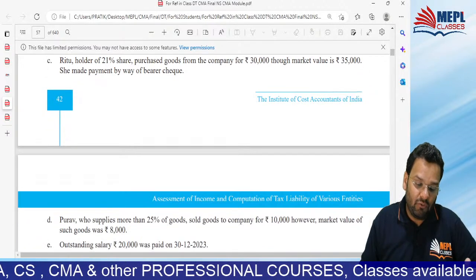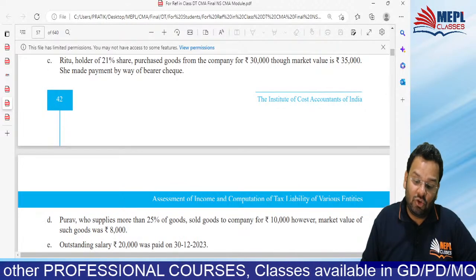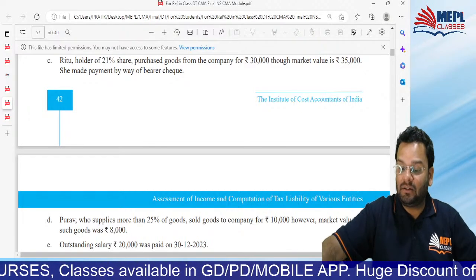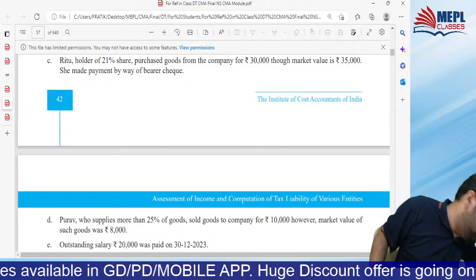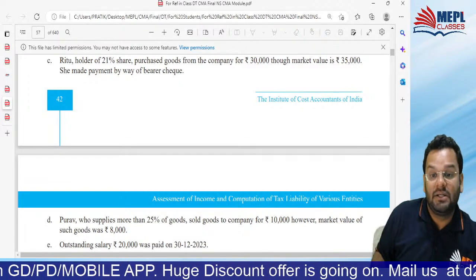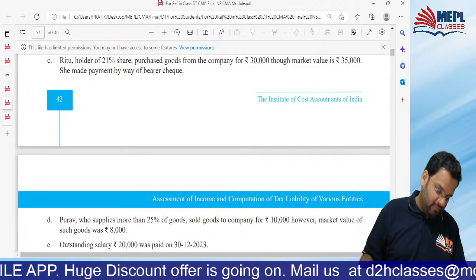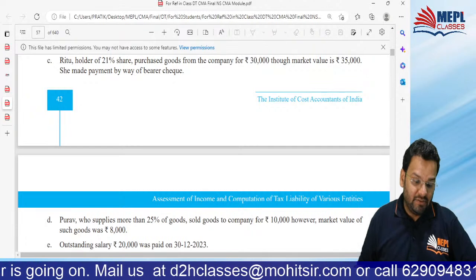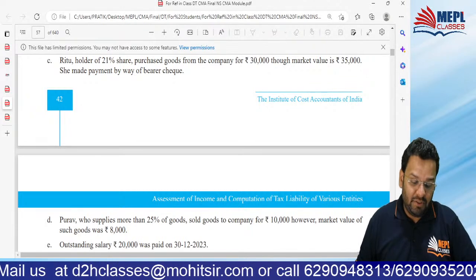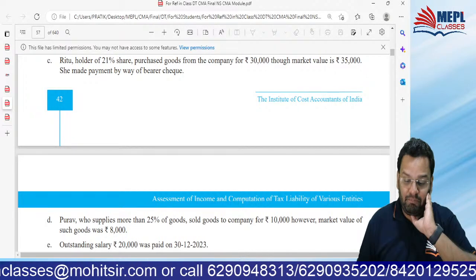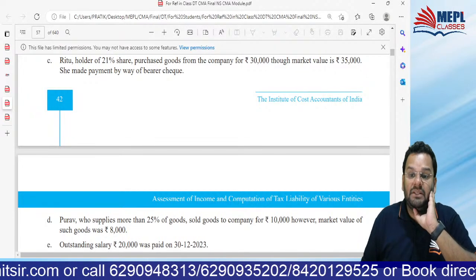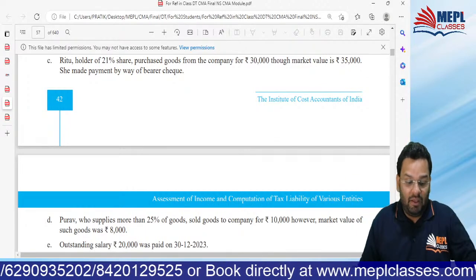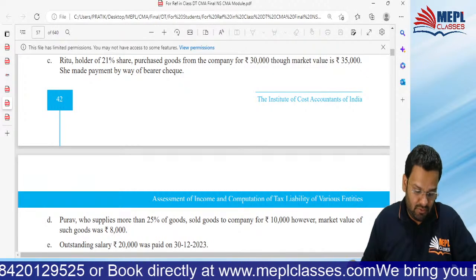Ritu, who is holder of 21% shares, purchases goods from company for 30,000. Friends, it doesn't matter. Means company has sold goods to this person for 30,000, even though the market value is 35,000.